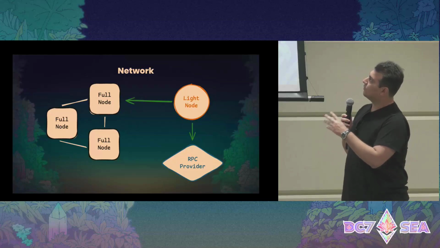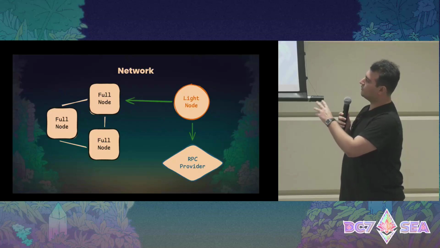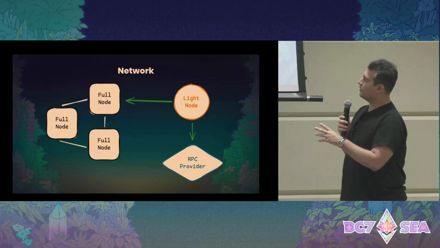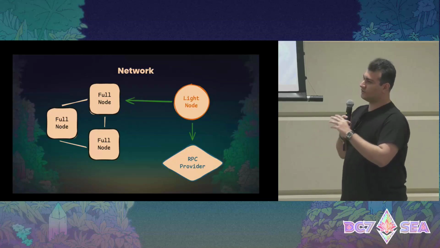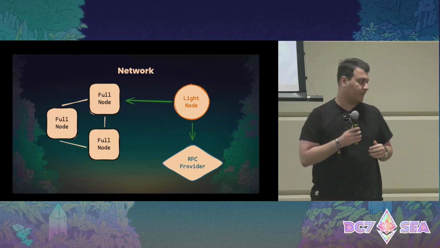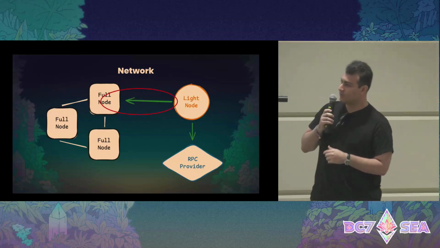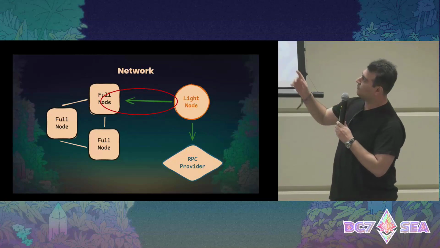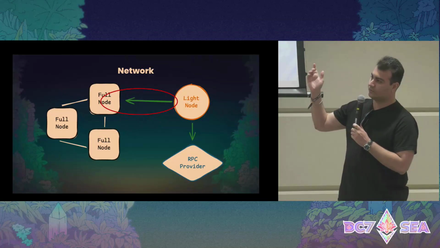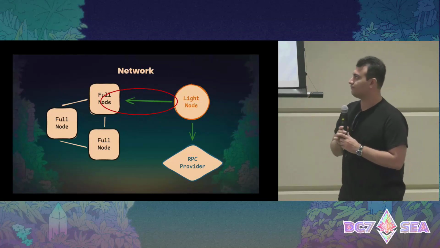What a light client does is get the data from that RPC, but instead of just trusting it, it checks it against the state root that it gets from the full nodes. What we did in this project was implement that part, which is how the light node talks to a full node and gets those updates.